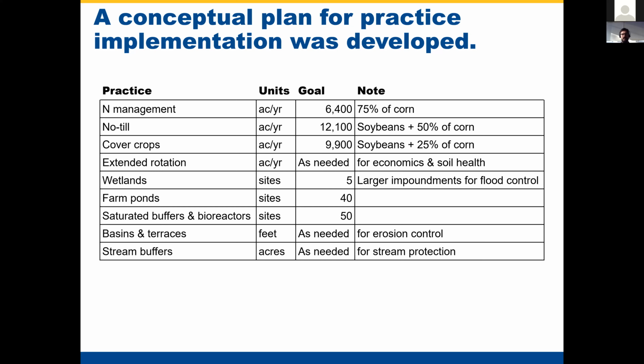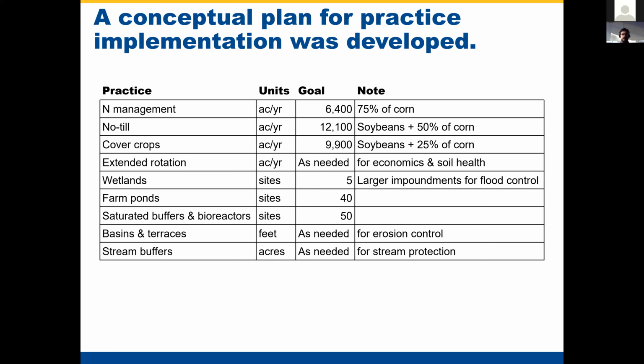And then we get into some of the structural practices. So farm ponds, saturated buffers, and bioreactors, these are practices that are going to reduce nitrate losses at the edge of the field or in the stream, along with wetlands that are larger impoundments within stream channels that both hold water to reduce the nitrate load within it, as well as can provide flood control benefits if engineered to store water for surge events after rain occurs.